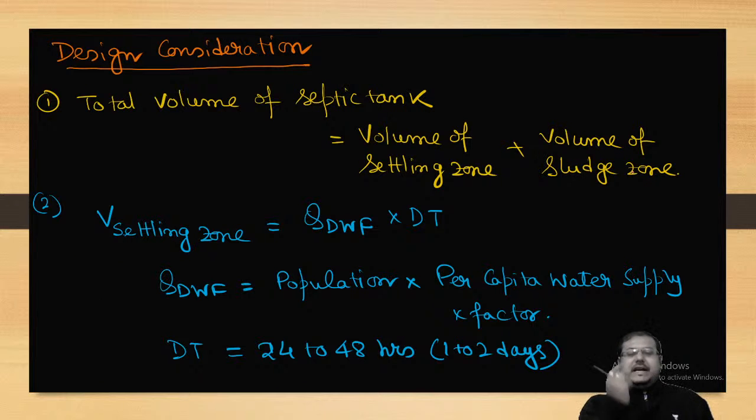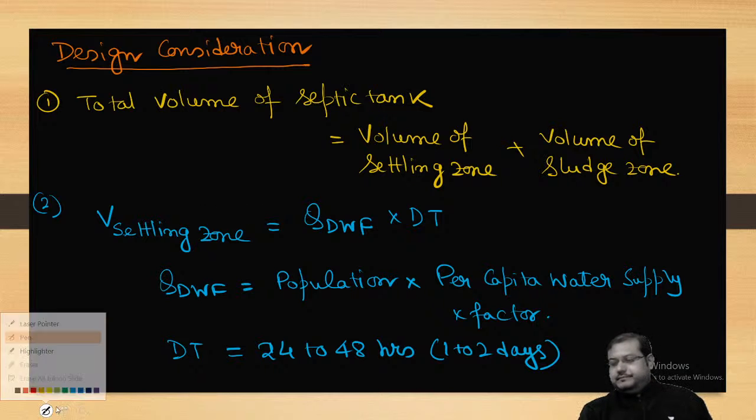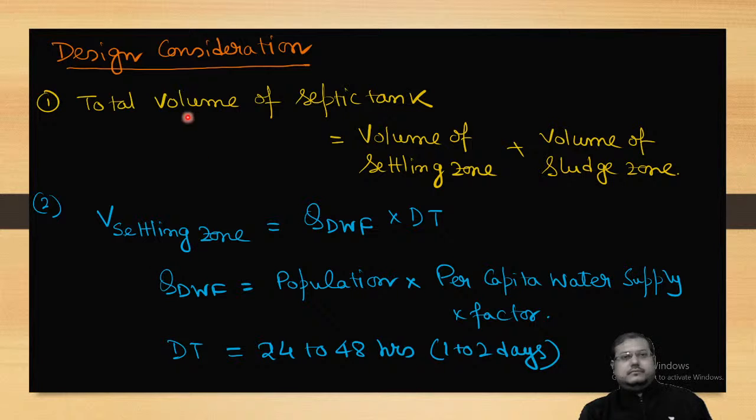Now, design consideration. Total volume of septic tank is the summation of volume of settling zone plus volume of sludge zone.